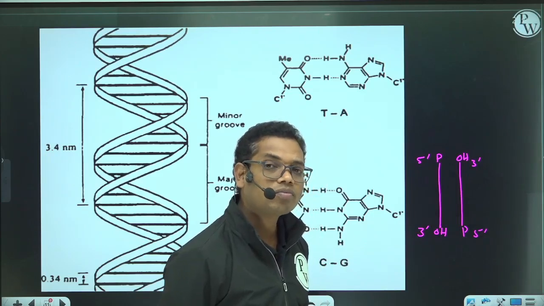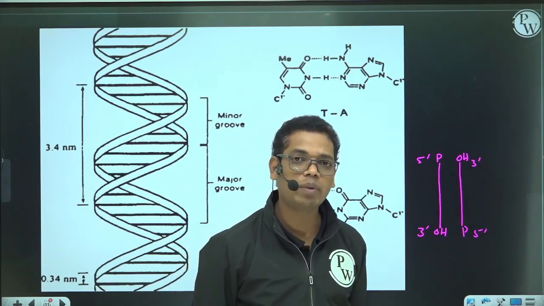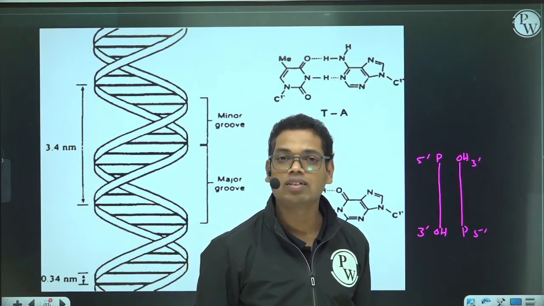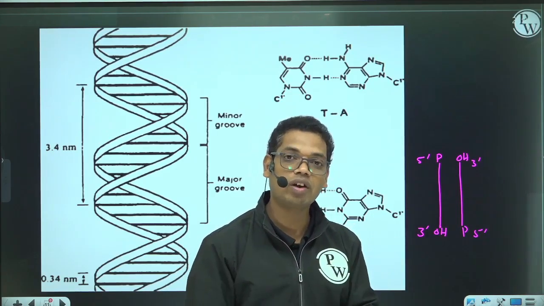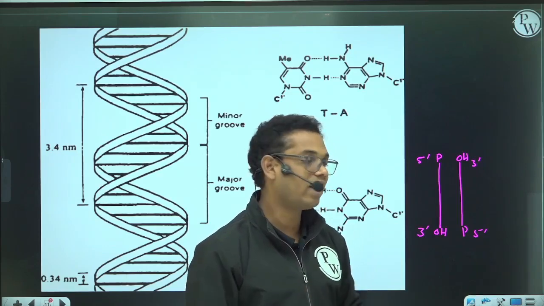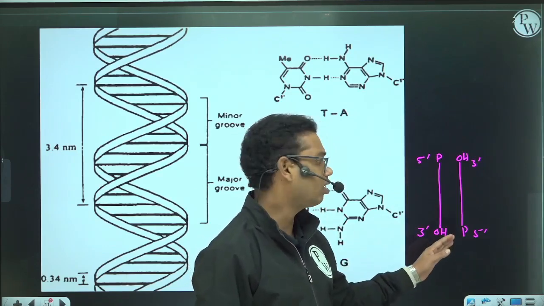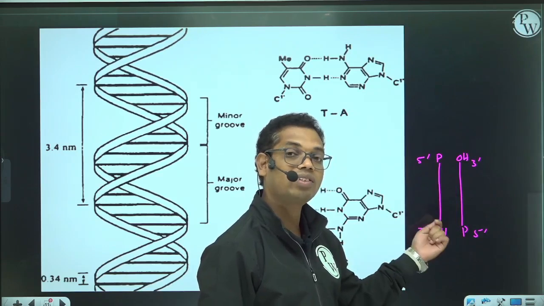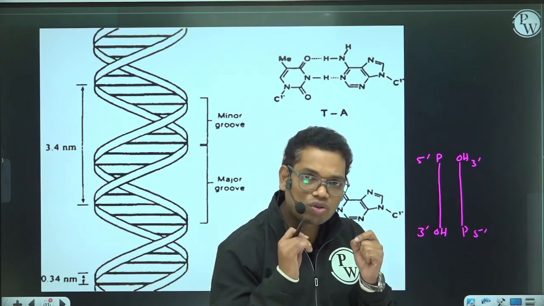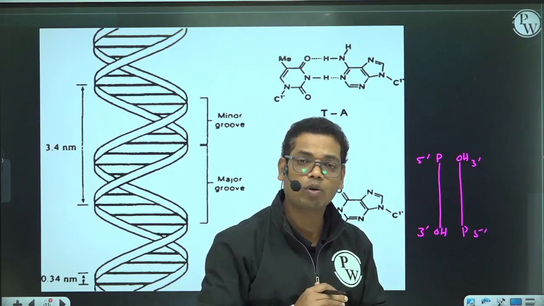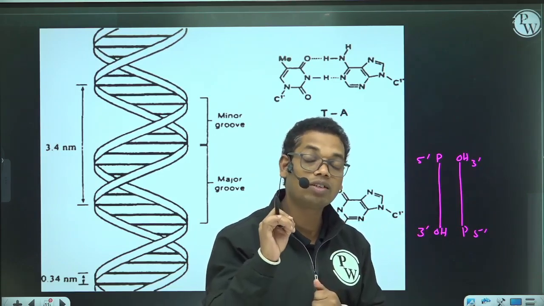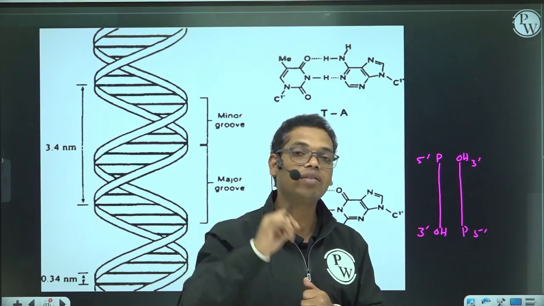So this model given by Watson and Crick says that a double-stranded DNA consists of 2 strands, and one strand has 5' to 3' polarity, whereas the other strand has 3' to 5' polarity. That is why they are anti-parallel. Each strand consists of a backbone, and that backbone is made of alternate sugar and phosphate.